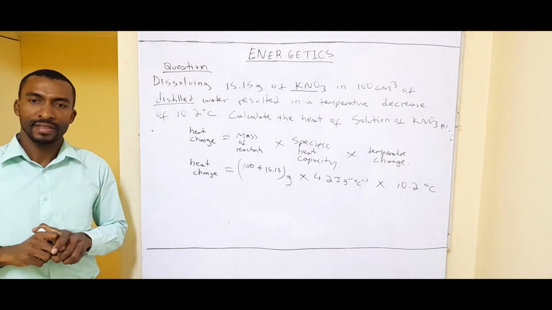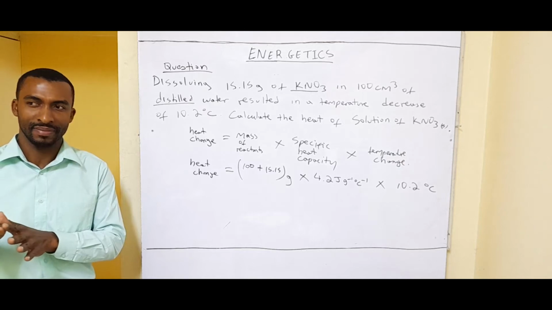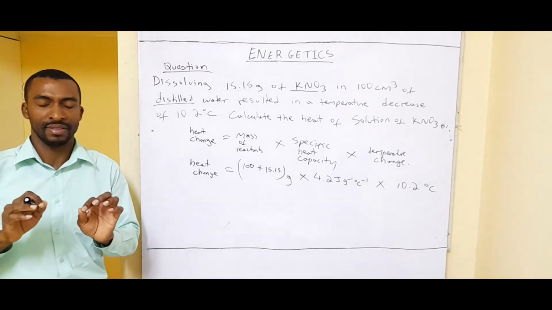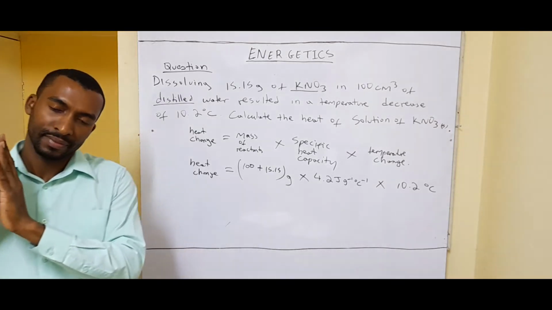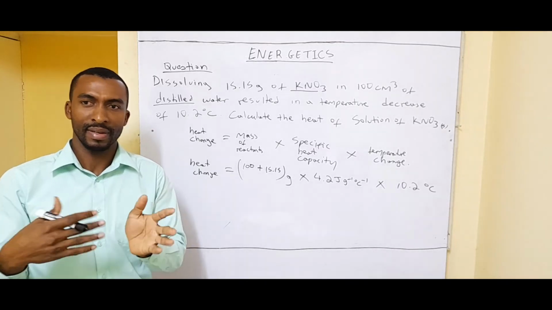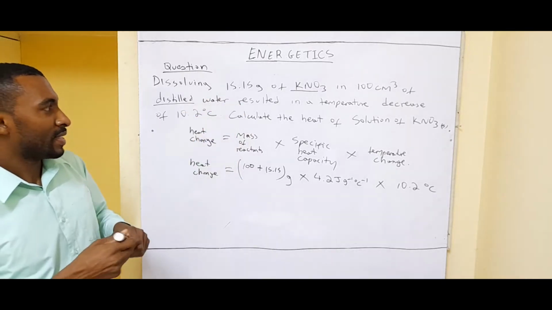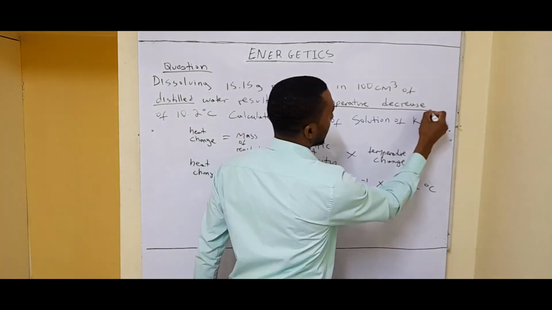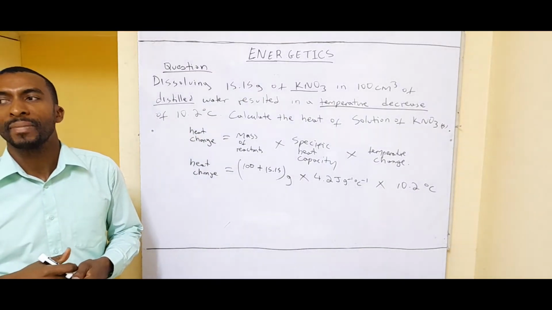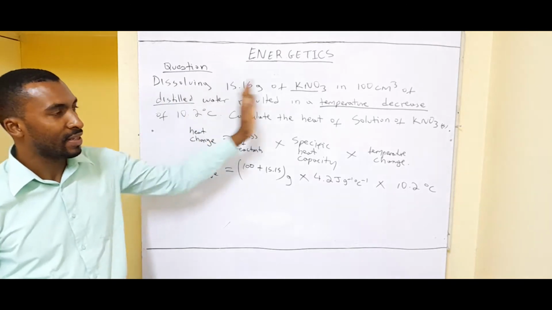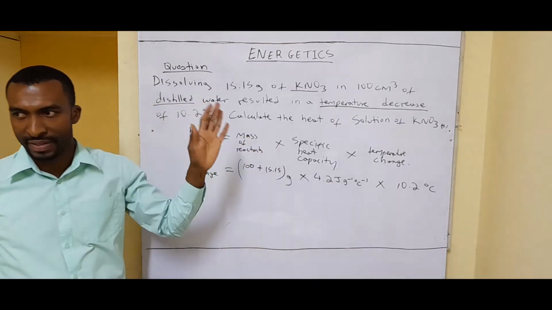Sometimes when they give these questions, they can give you the initial and the final temperature, so you have to look out for that format. In that case, you'd have to subtract the initial from the final, or the final from the initial, to get the temperature change. But in this case, the temperature decreased, meaning it's an endothermic process. So it would be positive overall.